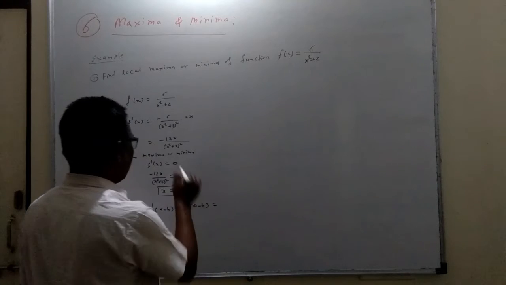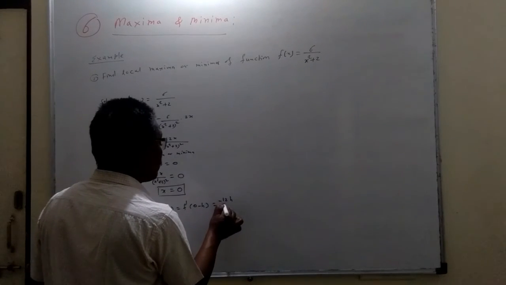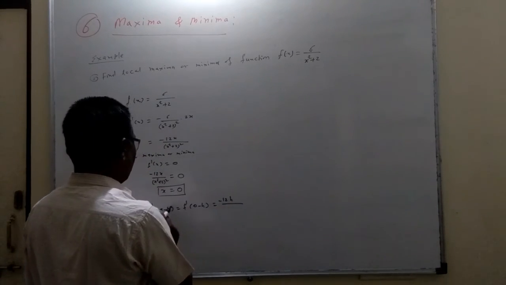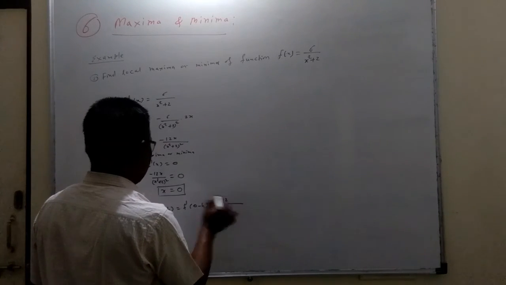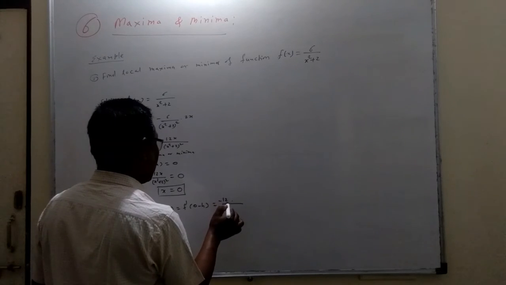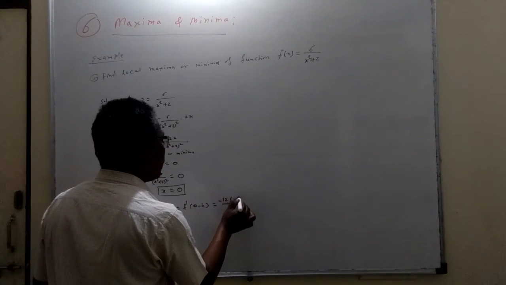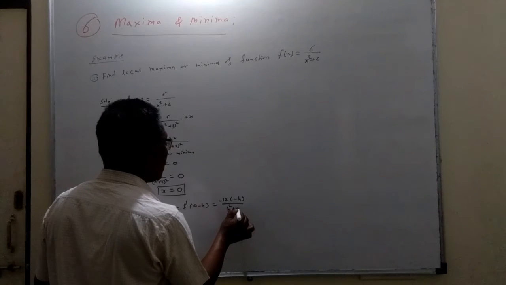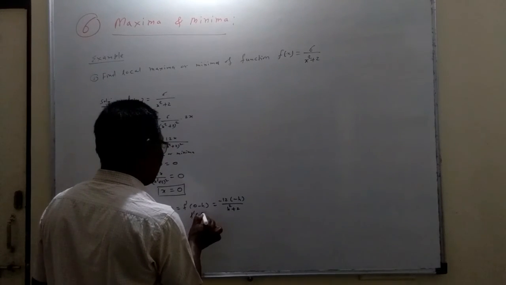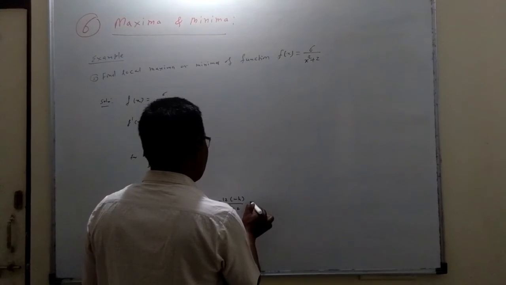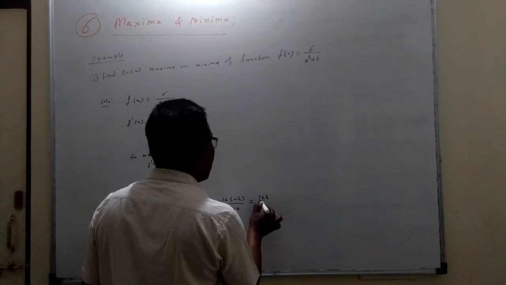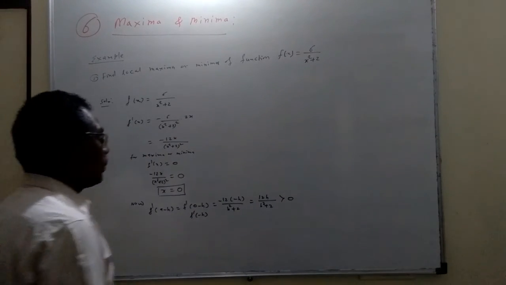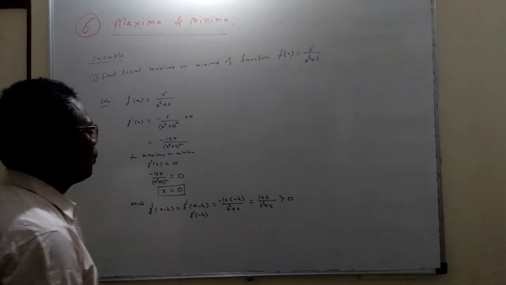If you put this value in the derivative, so minus 12 into x, with x equal to 0 minus h, that is minus h, divided by minus h square, which becomes positive h square plus 2, whole square. Now minus minus plus, so 12h divided by h square plus 2 square is greater than 0. h is positive, h square is always positive, so greater than 0.